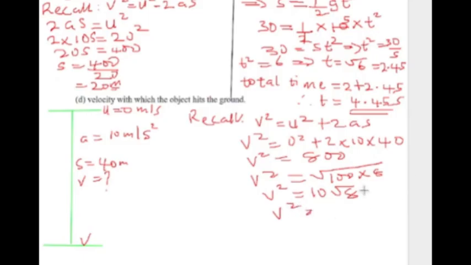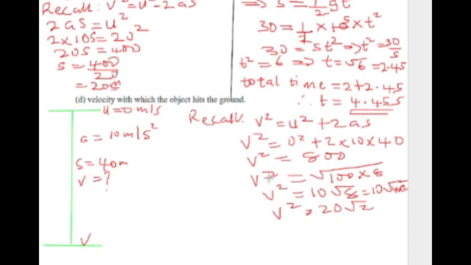This is the same thing as 10 root 4 times 2, so that comes out as 20 root 2. I don't think there's any point doing this actually, because we need to take the square root of both sides, so everything will still reduce at the end of the day.